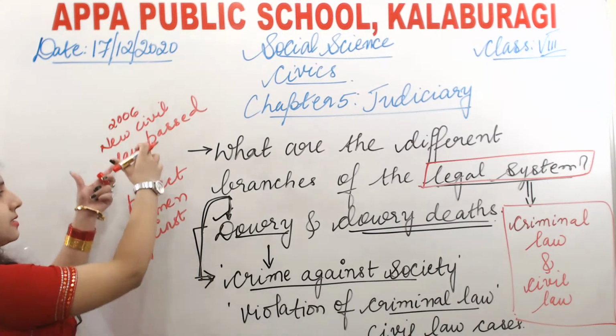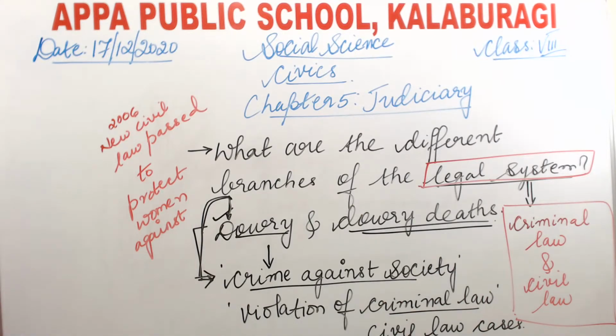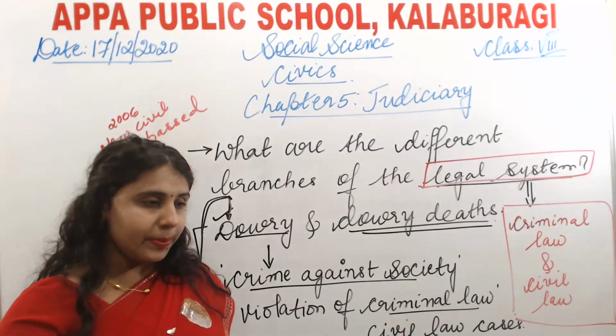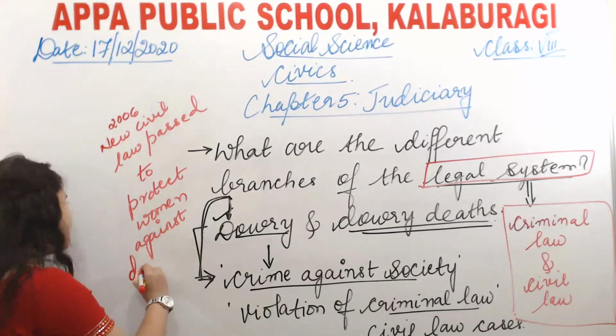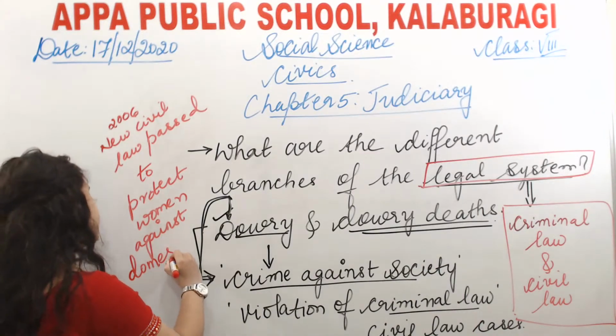Write down the things. These are the important things which I will be writing on the board. You should copy them down. To protect women against domestic violence.